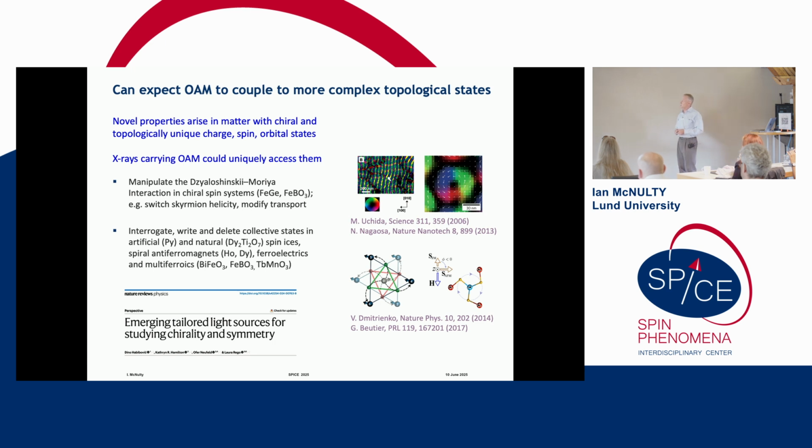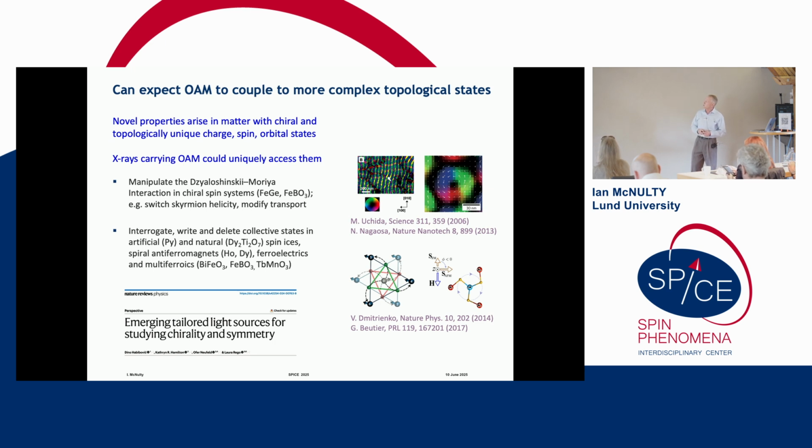Skyrmion systems now are getting, and have been getting, a lot of attention over the last several years, since they were really discovered about 15 years ago. These are some early works by Uchida and Nagaosa, but showing these beautiful magnetic structures which are on the order of nanometers to microns, well within the range of systems we can probe with a focused X-ray orbital angular momentum beam. So just a few examples here.